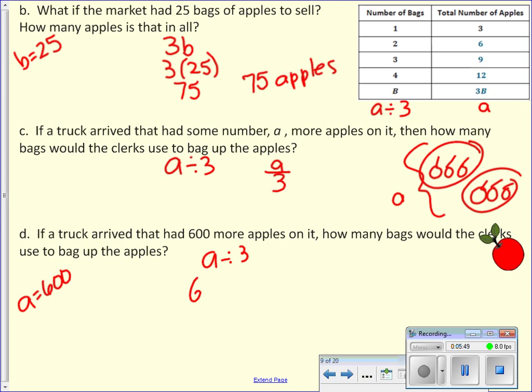I know my A equals 600, so I replace my A with the number. And then I label my answer. 200 what? Bags. Bags, because I have 600 apples, and I'm dividing them into groups of 3 per bag. Okay?